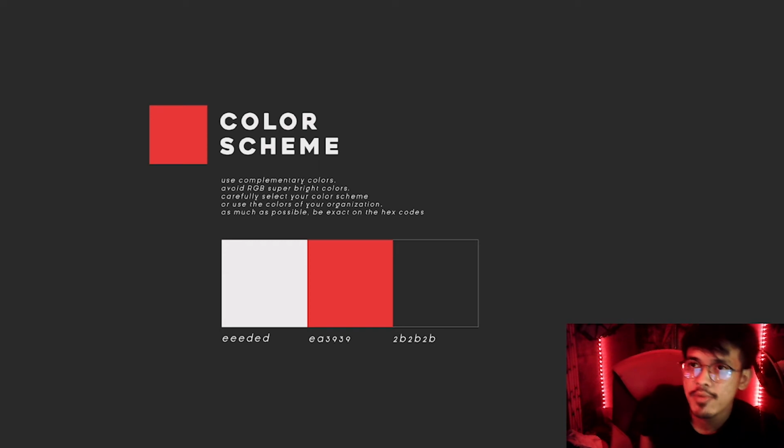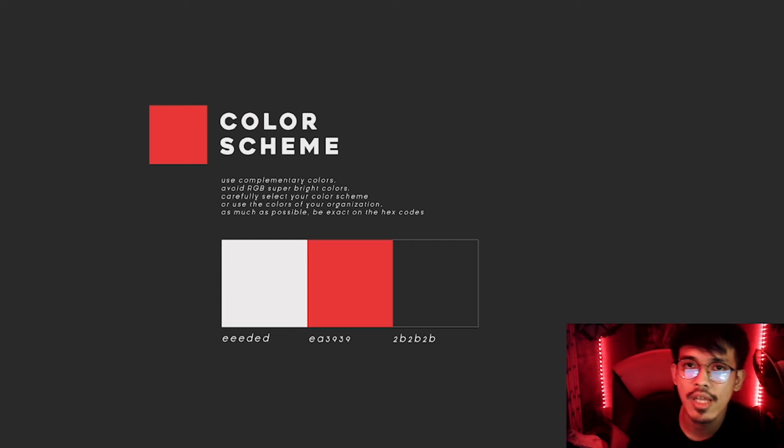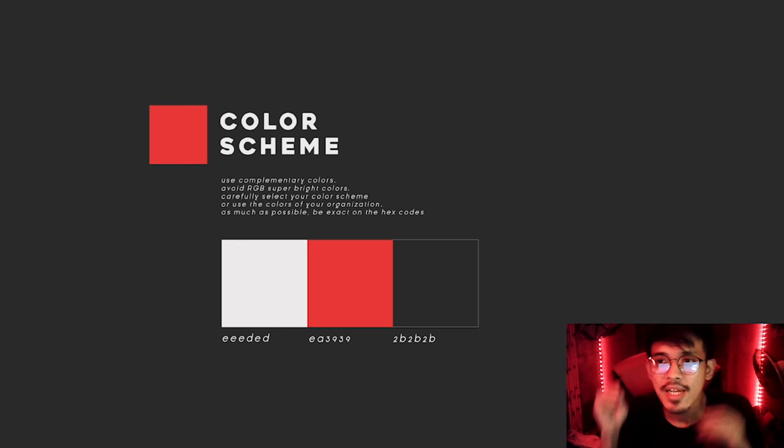Avoid as much as possible, when making a material, especially if your material will be just for virtual devices such as your computers and your phones, RGB or super bright colors. We will discuss the difference between RGB and CMYK in another video. But what I'm trying to say here is you need to avoid people looking at your materials as an eyesore.